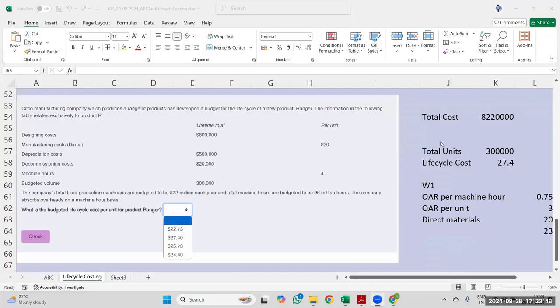Sir, I just have one small doubt. The total number of machine hours is 96 million hours, but if we go through the budgeted volume, it will be 1.2 million hours of production. So how does this work in the total fixed production overhead?